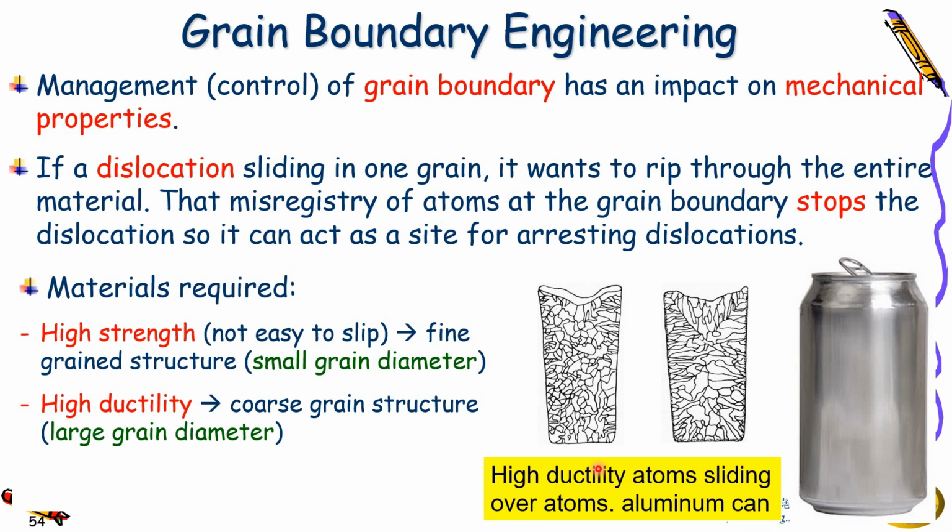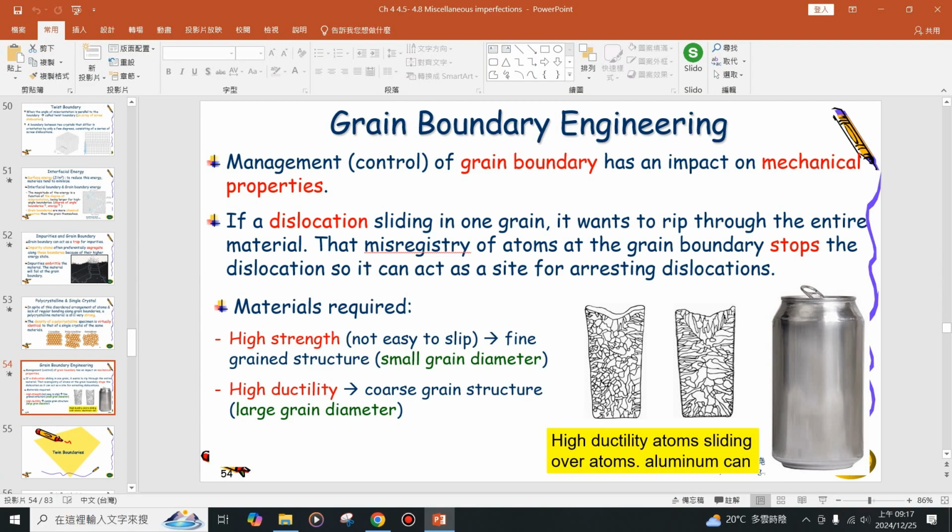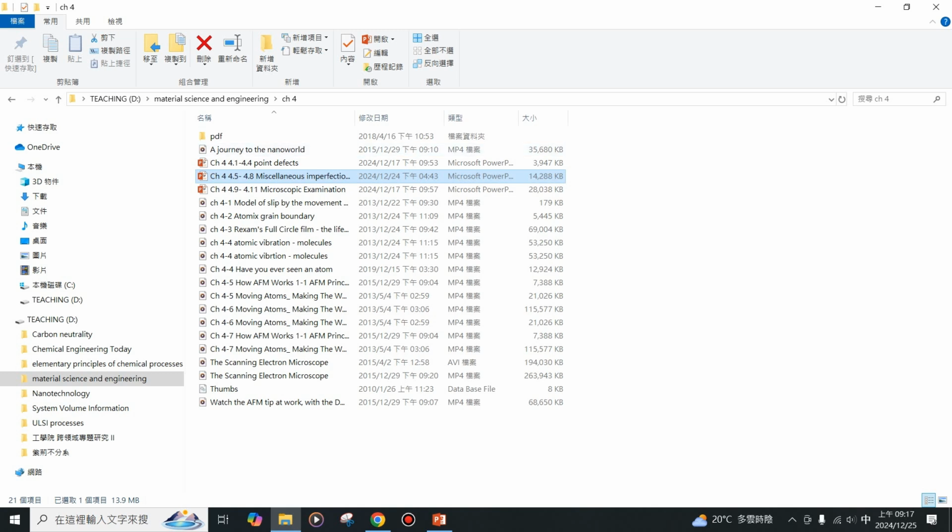Okay, so high ductility, atoms sliding over atoms. This aluminum can like this. So I have a video for you to let you know how you make the aluminum can here. It's very interesting. Let me see, do I have this or not?